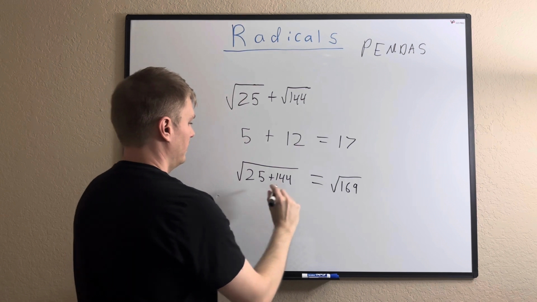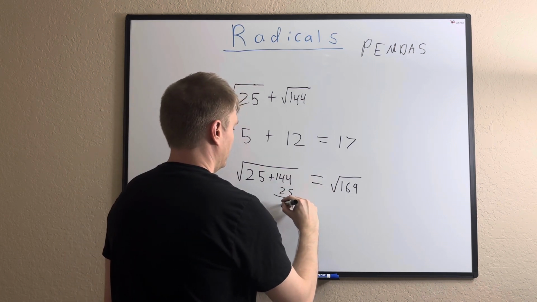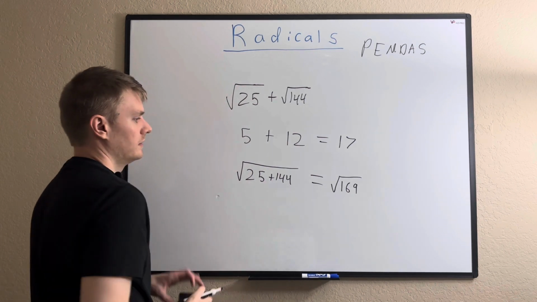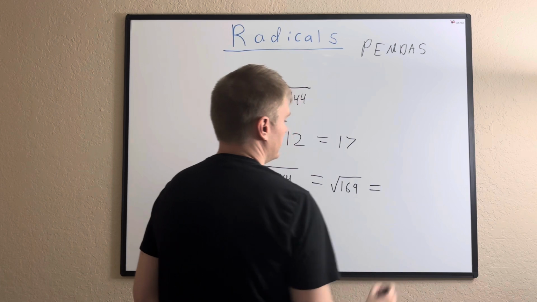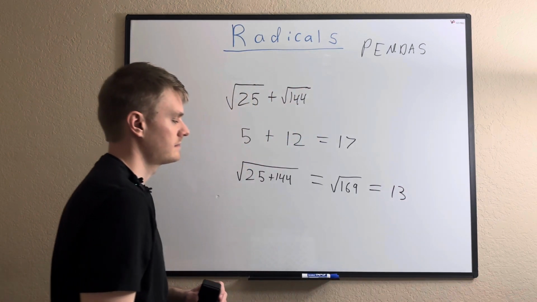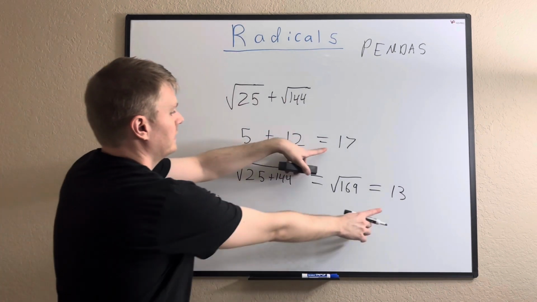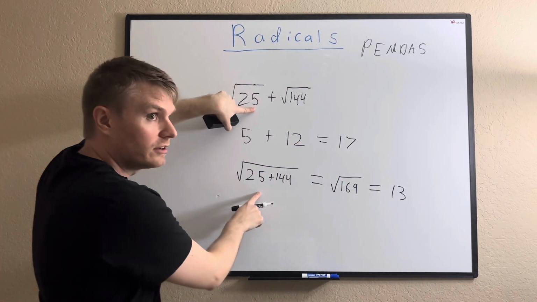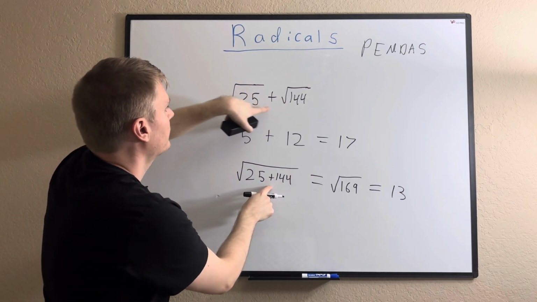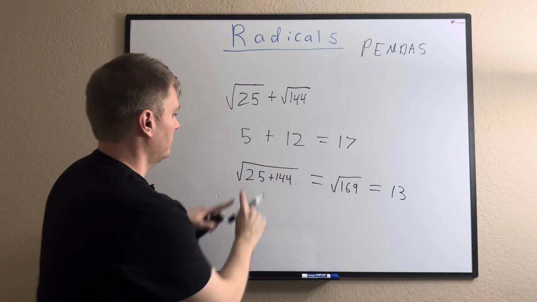There's 169, right? 144 plus 25, 9, 6, 1. Yeah, 169. Square root of 169 is 13. Completely different answers to very similar looking problems. So you gotta understand that these are separated and these are not. They're included.